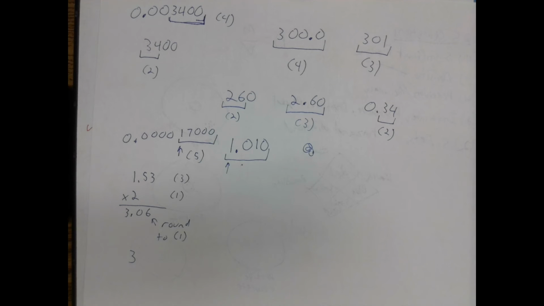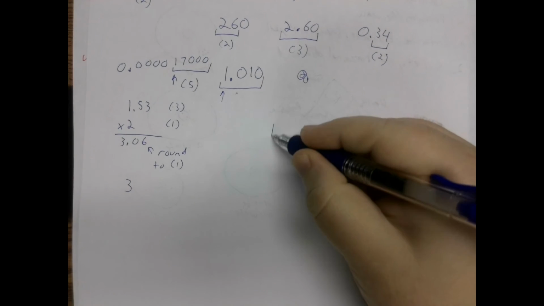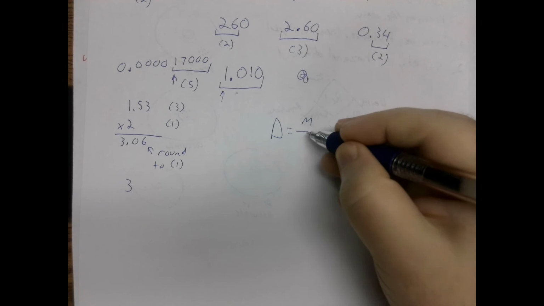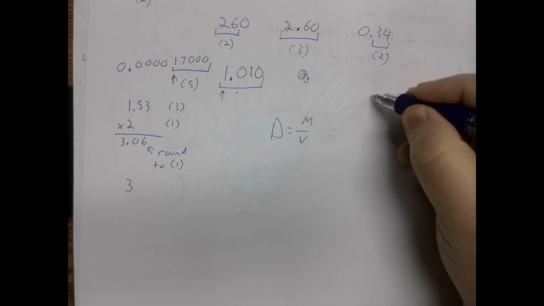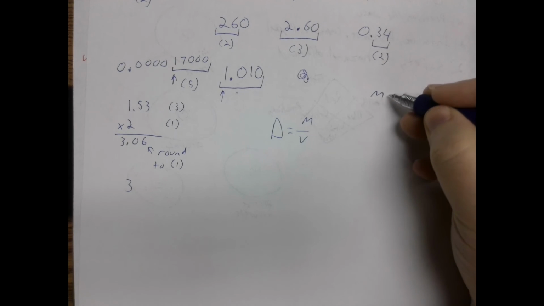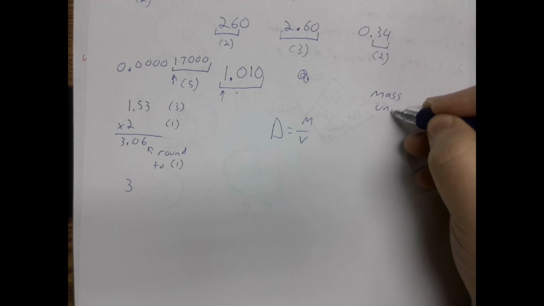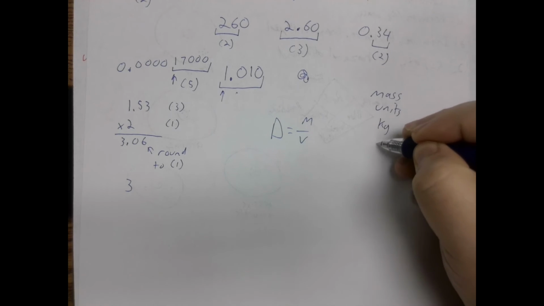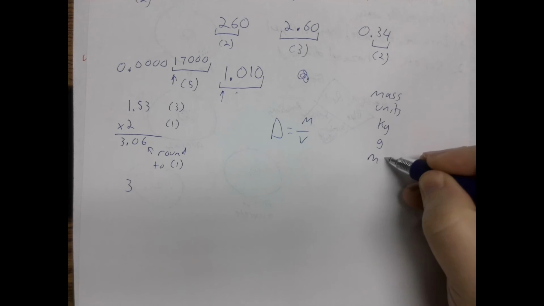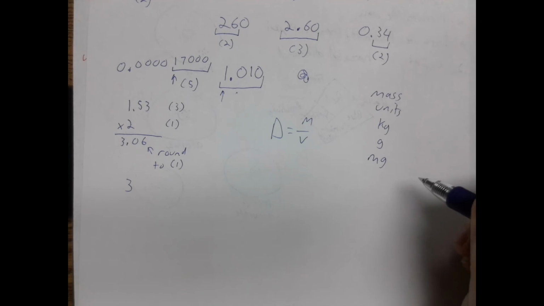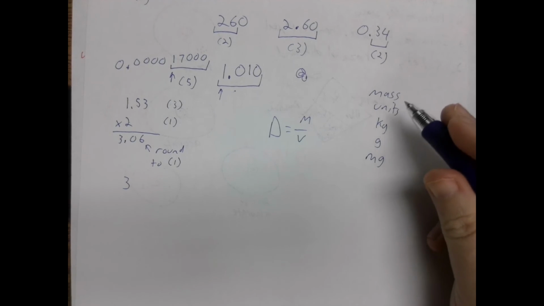Doing some density equations, remember that density is equal to mass divided by volume. So mass units could be kilograms and grams, it can be milligrams, anything that measures mass.